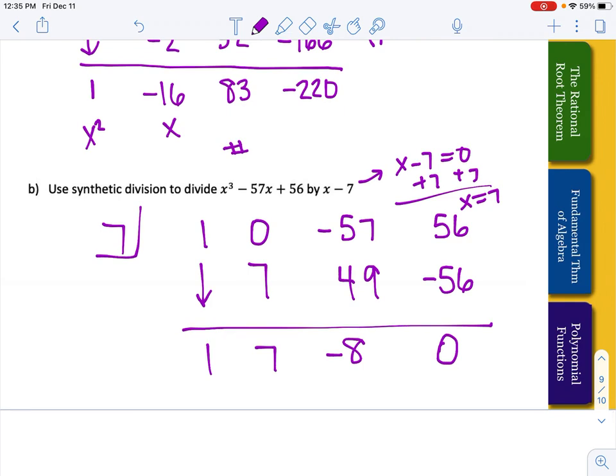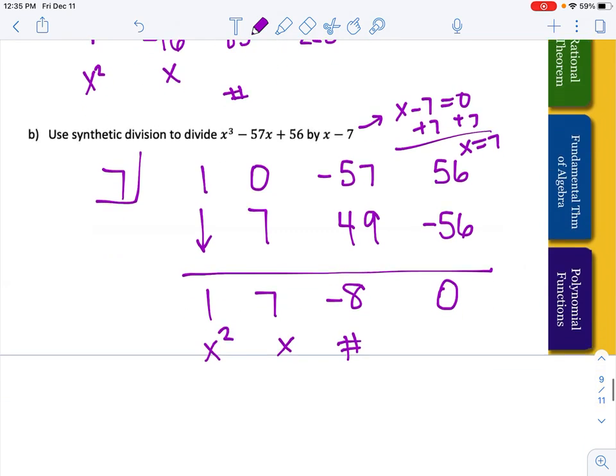So my remainder is 0. That means x minus 7 is actually a factor of this. And I can go ahead, this will be my number term, this will be my x term, and this is my x squared term. I can go ahead and write that out, x squared plus 7x minus 8.